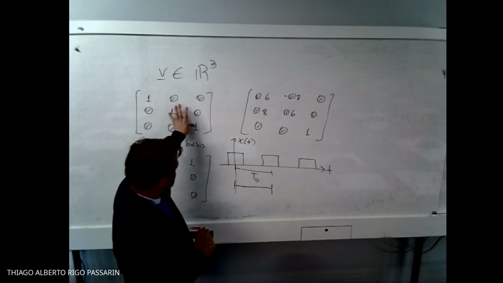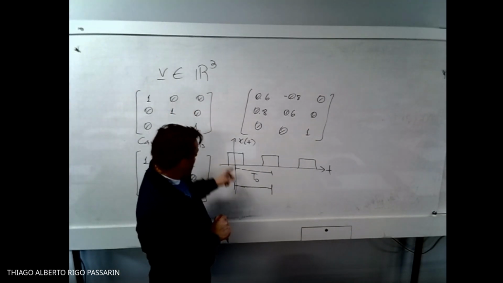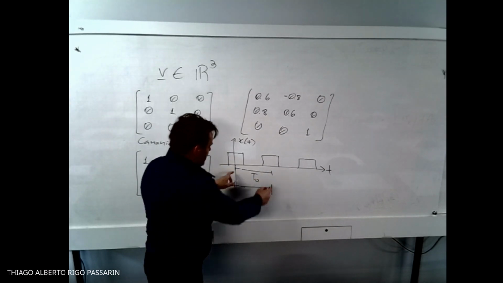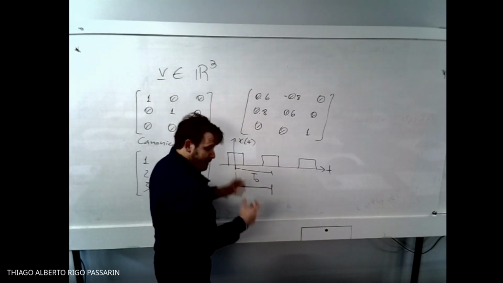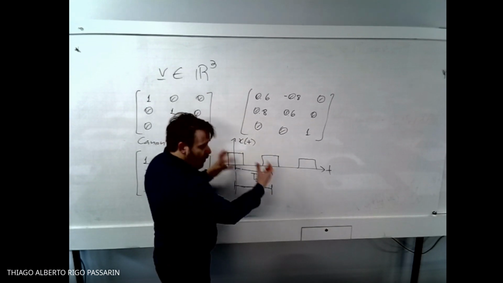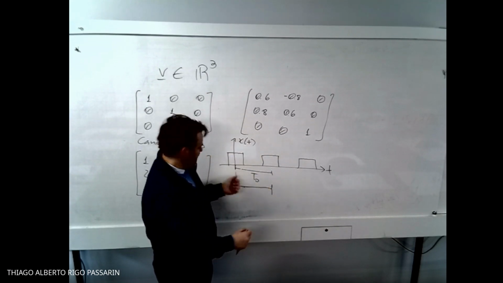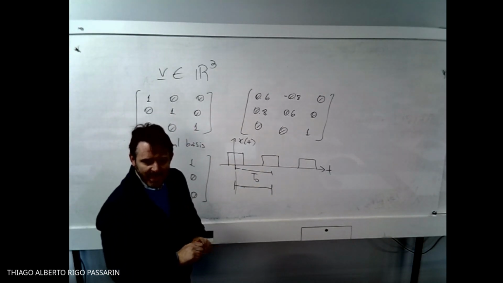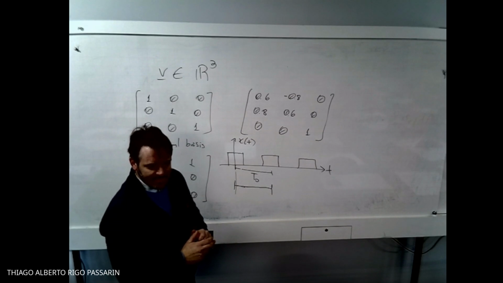So if I need 3 vectors here, how many vectors do you think I need to represent the basis for this space? The space of all continuous signals with a certain period T0. How many vectors do I need?